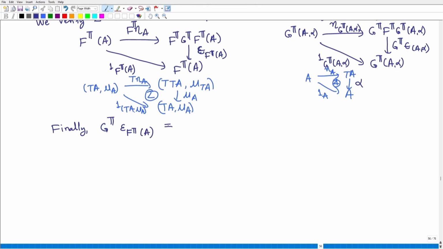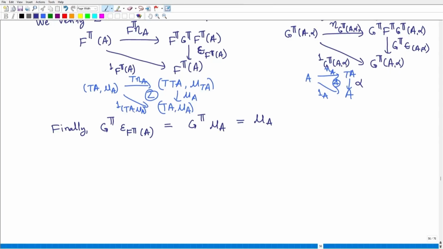What is it? F_T of A is TA comma mu A, right? So this is G_T, and epsilon sub A comma alpha is just alpha. So therefore G_T mu A, but G_T doesn't change the morphism, so this is indeed mu A. So that's our verification. We wanted that the monad multiplication that was given, we can recover it from this adjunction as well. So we verified. Finally G_T epsilon sub F_T is indeed just mu.